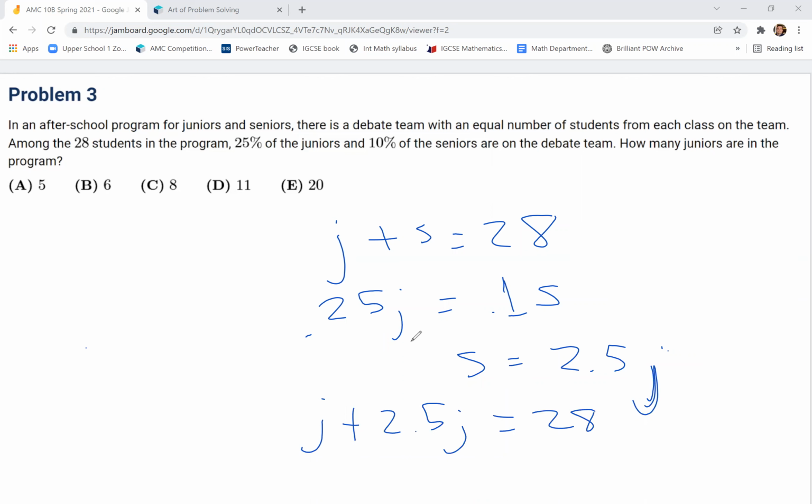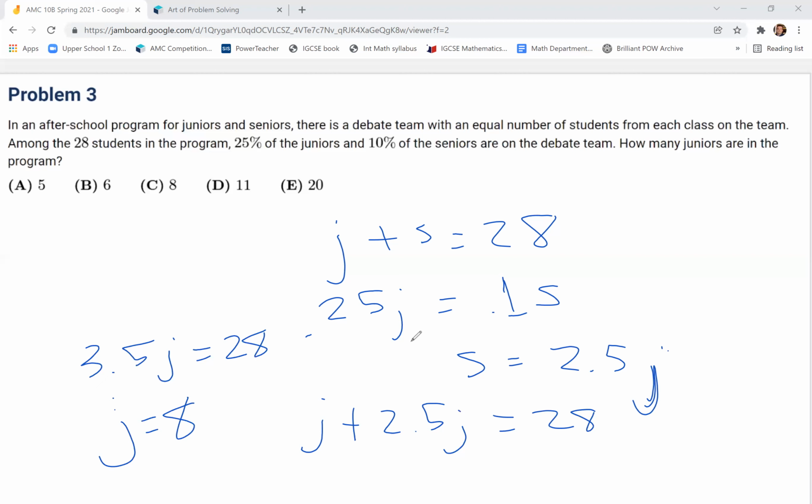So 3.5j is 28. We know 7 goes into 28 4 times. So 3.5 goes into 28 8 times. So j is 8, right? We have 8 juniors, right? Oh, no, sorry.